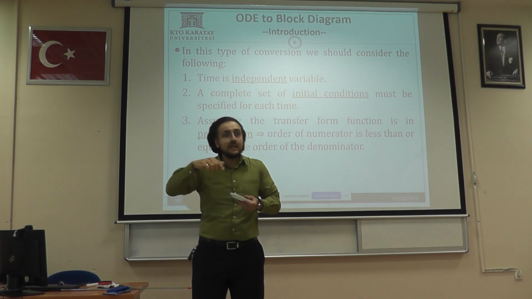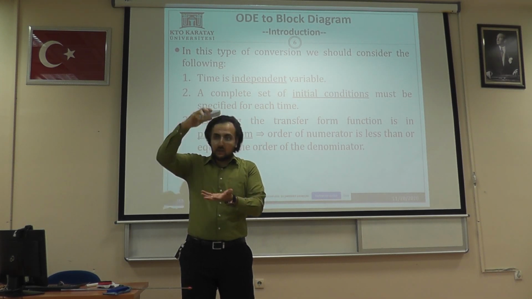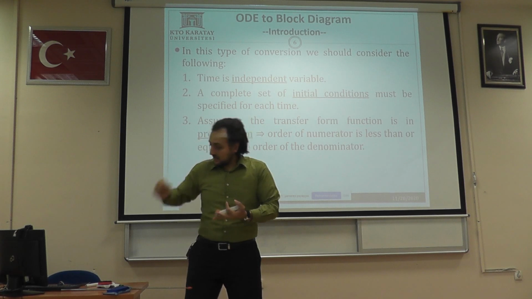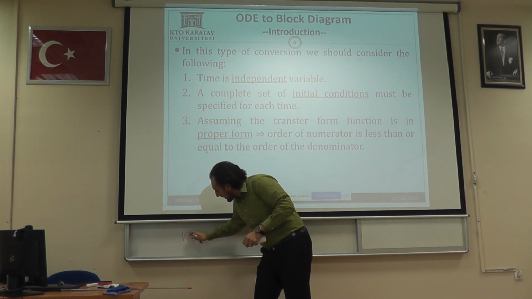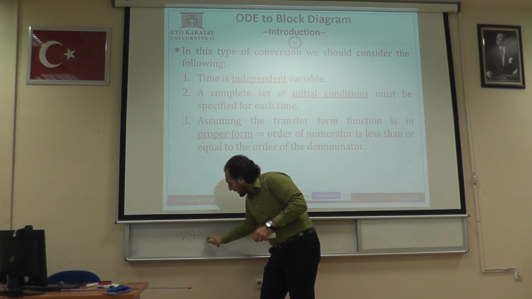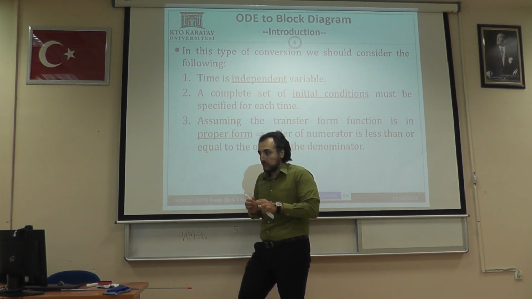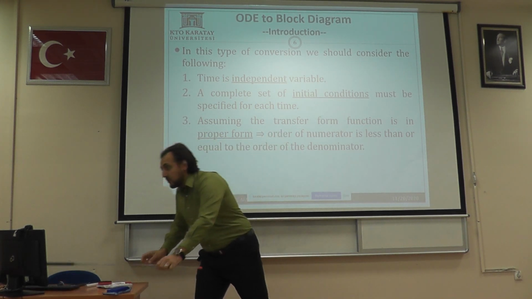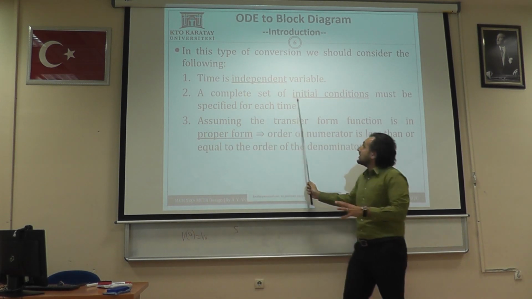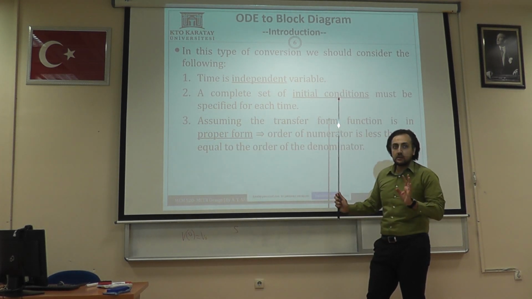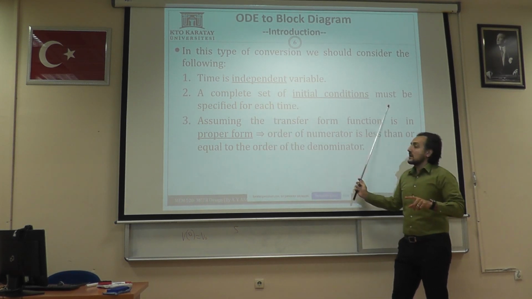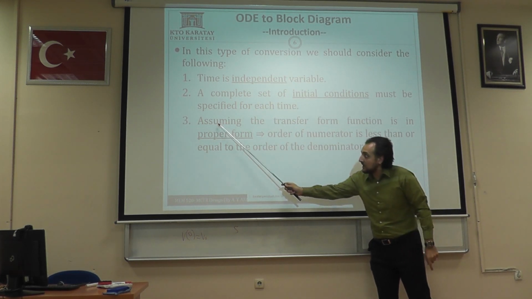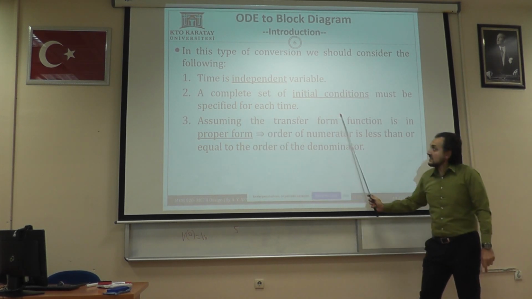I will give some initial speed. So I push in this way. It means V0, let's say V at time 0, will have some number here. Okay? Some number. So be careful for this style. Initial condition is very important. So now again, time is independent, initial conditions should be considered, and finally, we assume the transfer function.